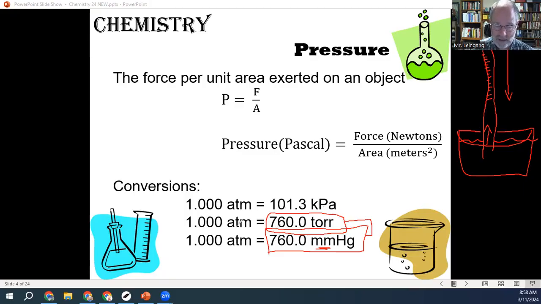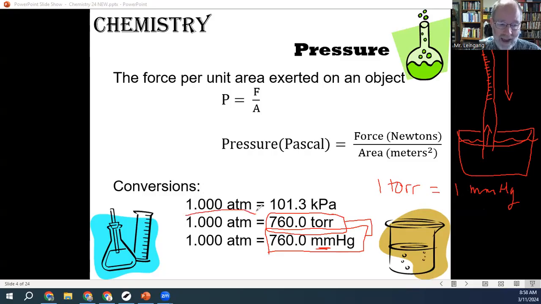Now, we haven't talked about ATM yet, but you can see that these two things are going to be equal to each other. 1 torr is going to equal 1 millimeter of mercury. The only difference is we decided, since we aren't actually using mercury, we should call it something else.